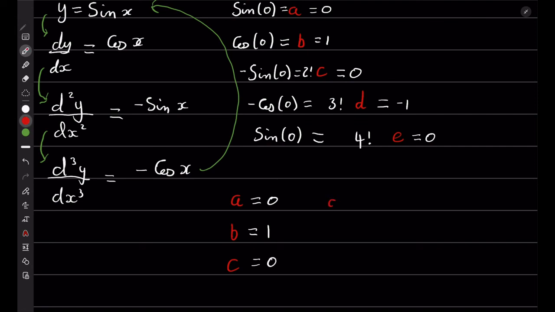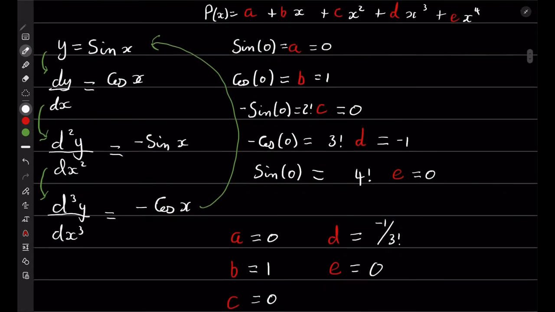D is equal to -1 divided by 3 factorial, so -1 over 3 factorial. And E is going to be equal to 0. Okay, hopefully you've understood this concept.